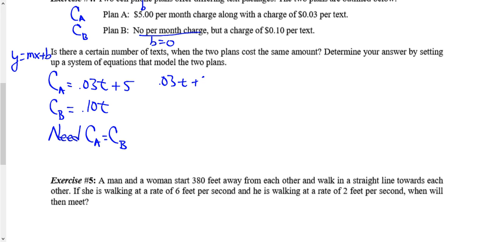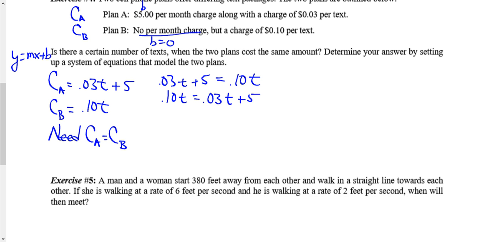So 0.03T plus 5 equals 0.10T. Okay, let's solve this for the number of texts. You know what to do, right? You get all the T's on one side.